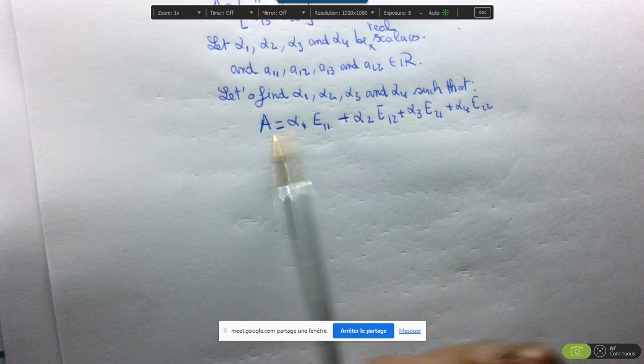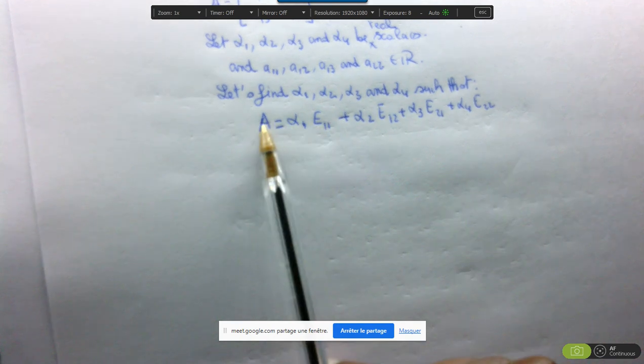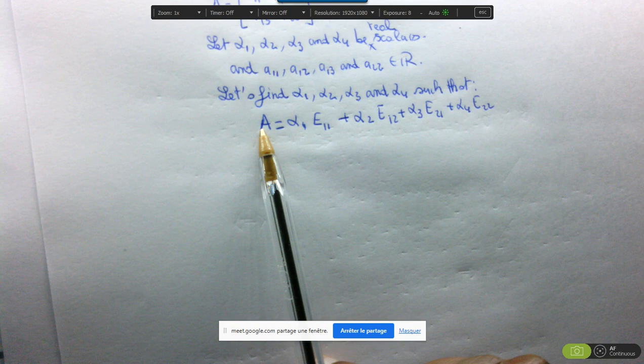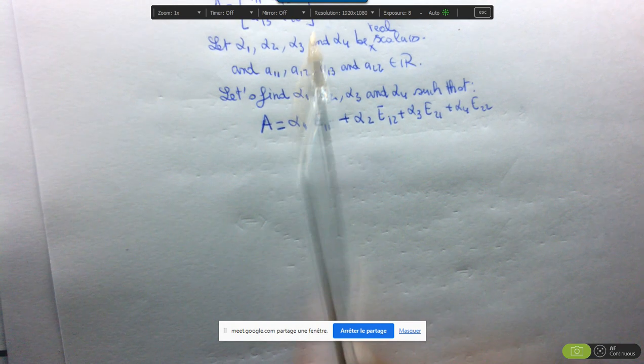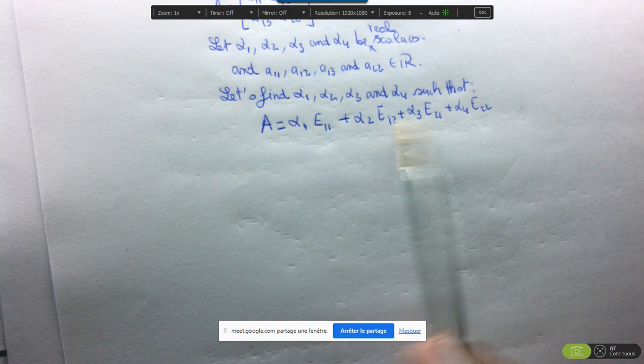Okay, so let's see if we can write A, an arbitrary matrix from R2 by 2, as a linear combination of these matrices.